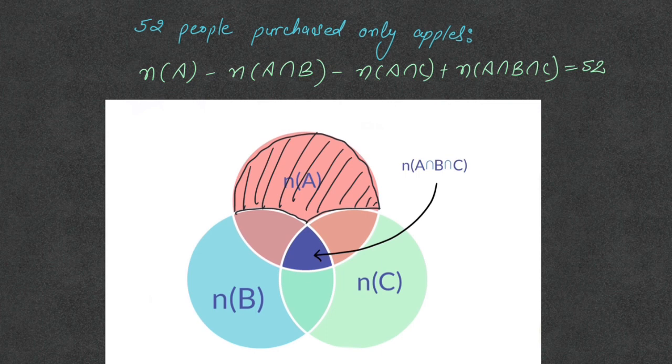To get this region, we must subtract n of A intersection B and n of A intersection C. n of A intersection B is this region and n of A intersection C is this region. We observe we are subtracting the central region twice. So to balance the equation, we must add one more time the n of A intersection B intersection C. This is the explanation for this equation.